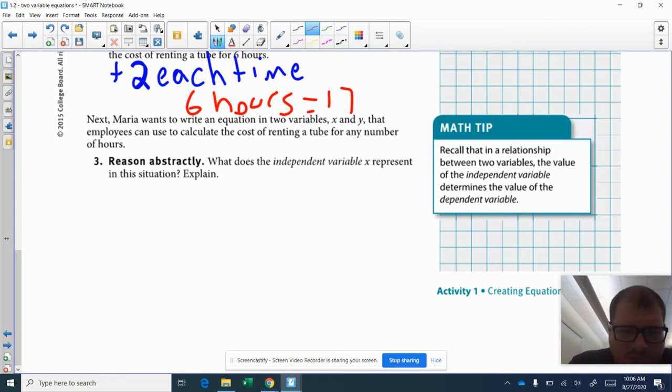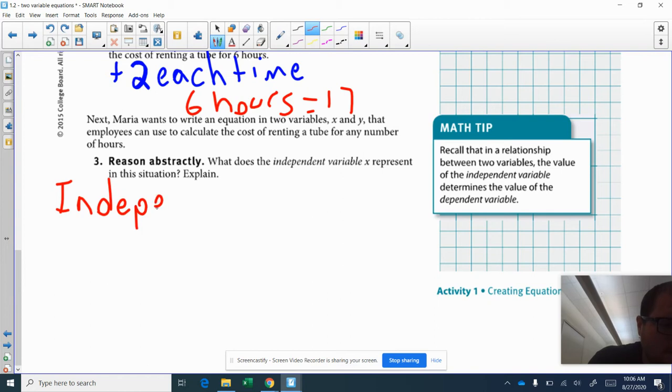The next portion here is an important piece of information. What does the independent variable represent in this situation? Okay? For this to be said, we have to talk about what the independent and dependent variables are. If I'm talking about an independent variable, we want to think about that as the variable that does not need anything else.